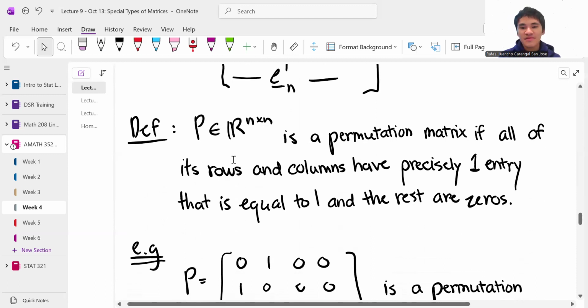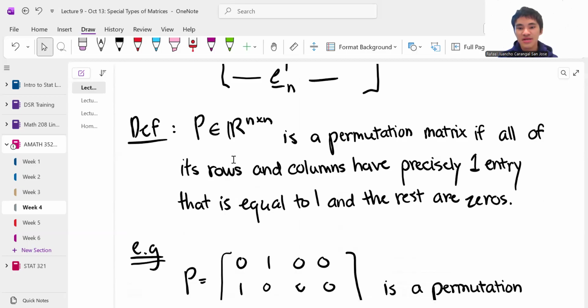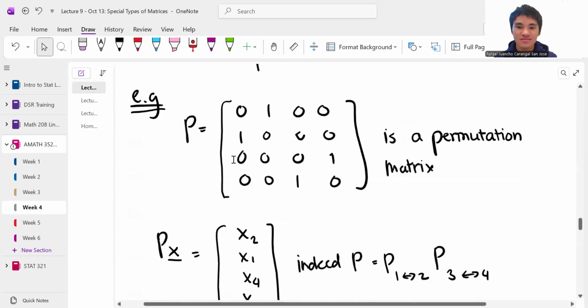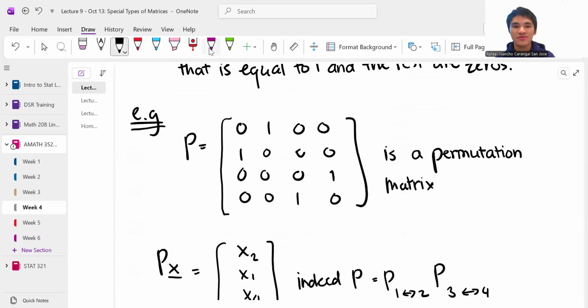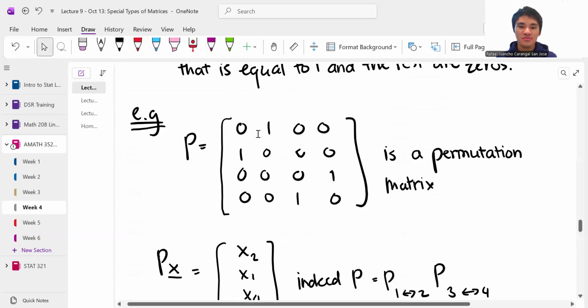So here's a formal definition of a permutation matrix. If all of its rows and columns have precisely one entry, that entry is 1, and the rest are zeros. So a permutation matrix can only come from an identity matrix. So here, this is a permutation matrix P. It only has one entry in each row.